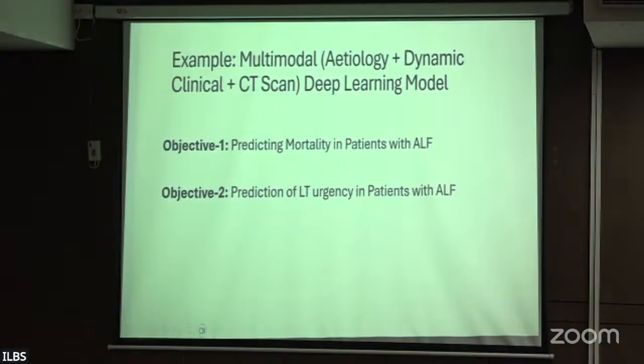Using this data set, the objective was to find how critical the patients are for having death in near future due to this condition, or what is the emergency level of having liver transplant for the patient. So this was two objectives with the data set.